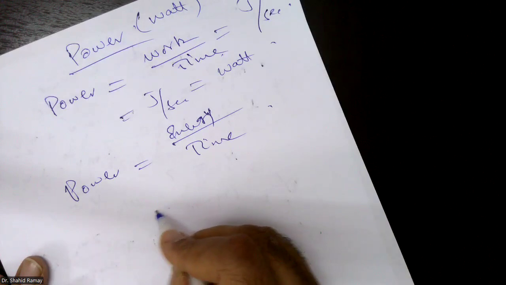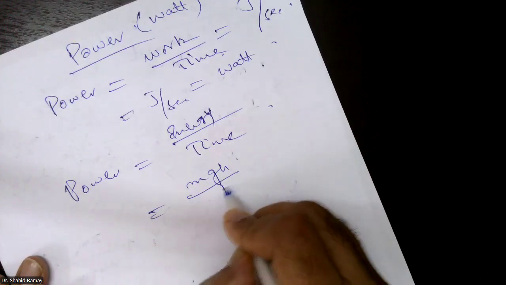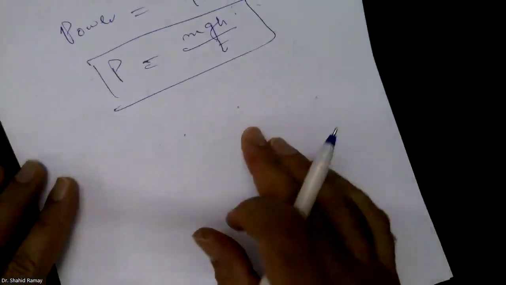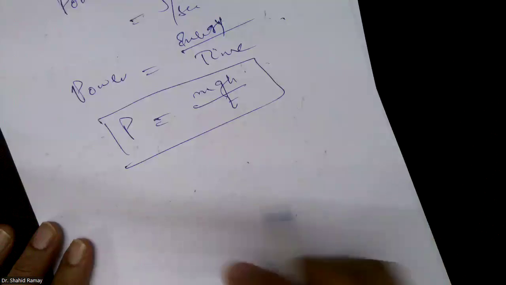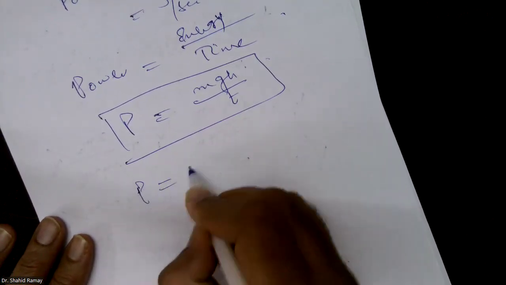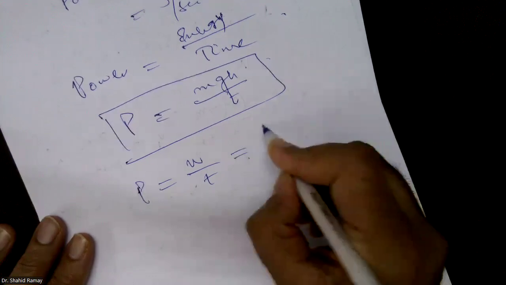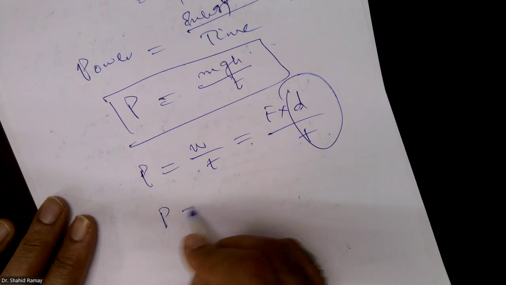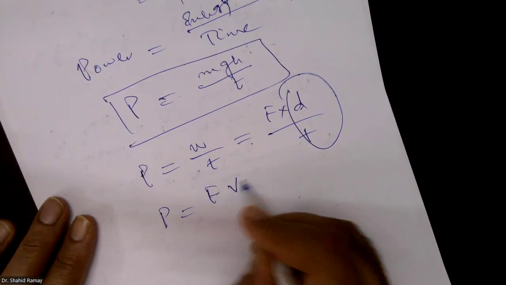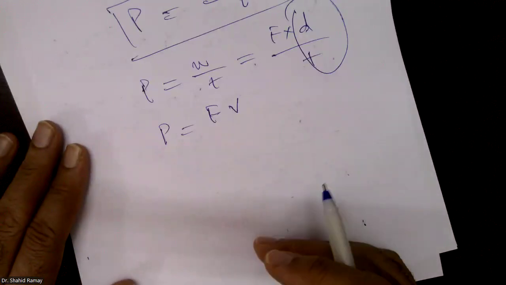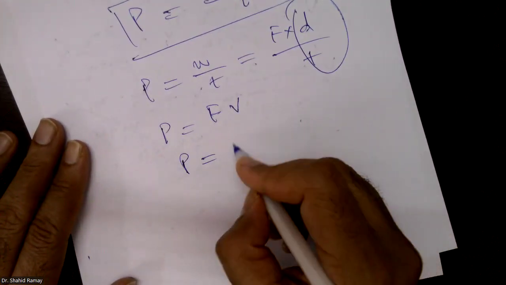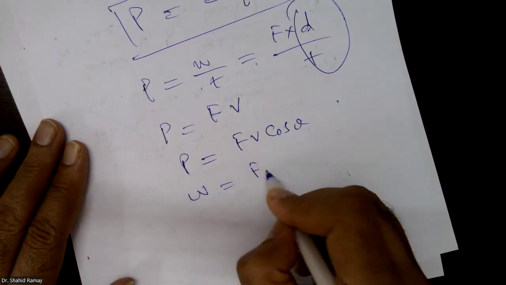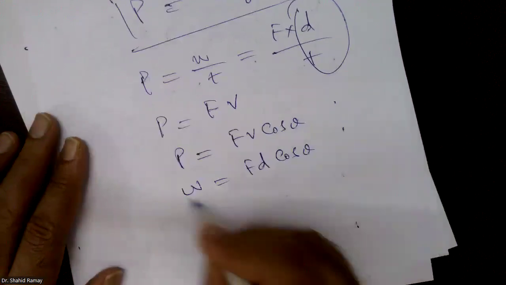Energy can be potential energy, mgh over time. You can use this one also. But we can also write the formula in another form: power is equal to work done over time, and work is F into D over time, and D over T is actually V. So power is a scalar quantity, but its complete formula is FV cos theta, like work is equal to FD cos theta.